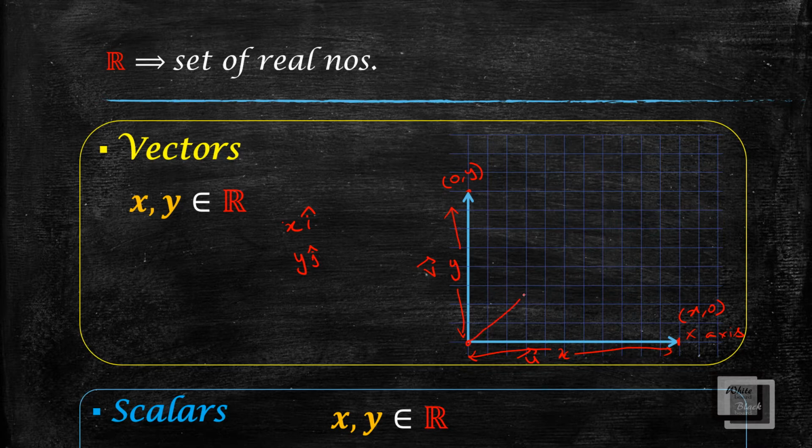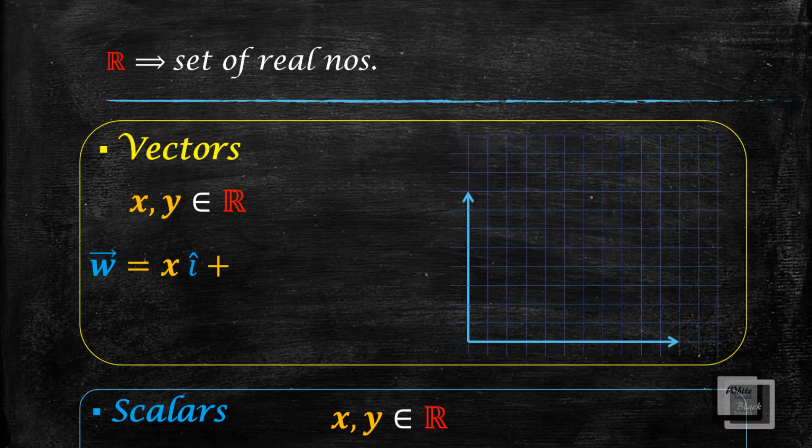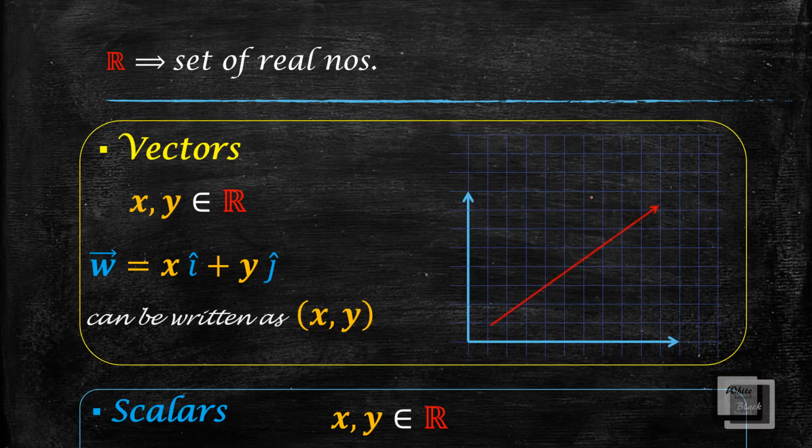By the parallelogram law, this new vector will be like this, and I write this vector as x i cap plus y j cap. So here you have seen that with the help of two scalars x and y, I constructed a new vector w, written as x i cap plus y j cap.